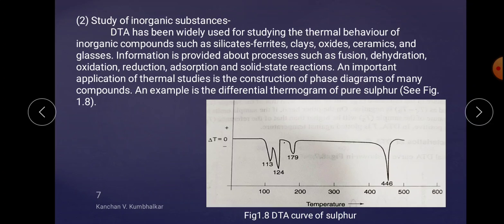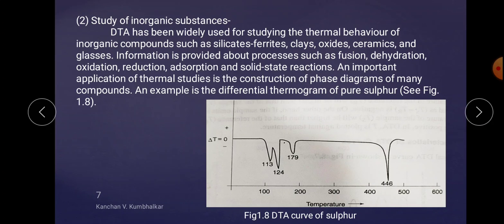The second application is the study of inorganic substances. DTA has been widely used for studying the thermal behavior of inorganic compounds such as silicates, ferrites, clays, oxides, ceramics and glasses.